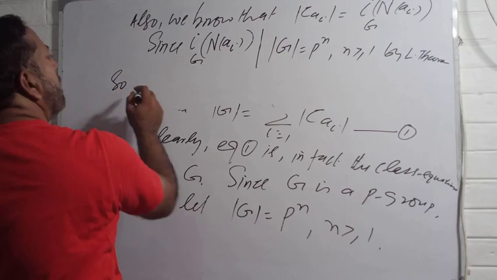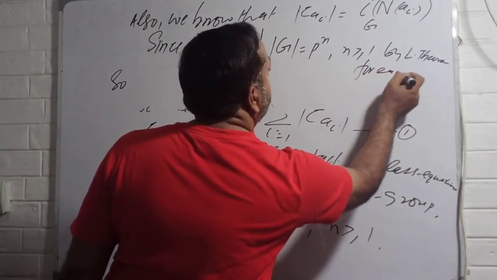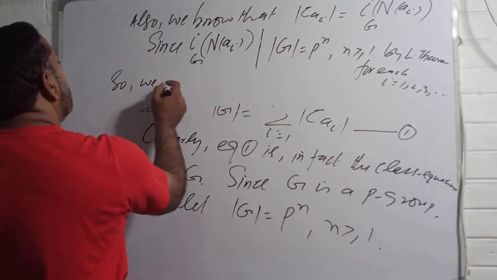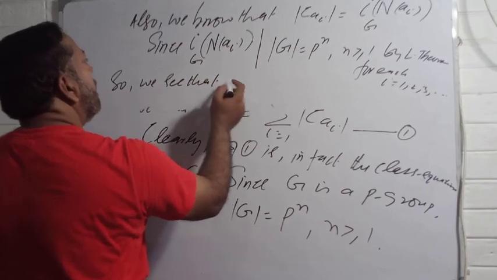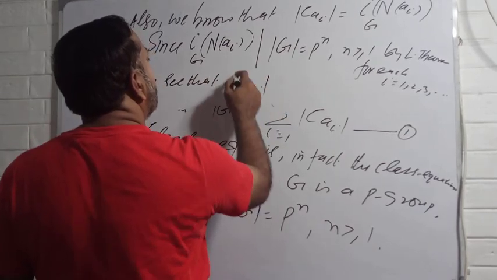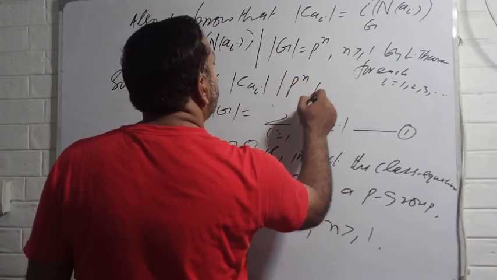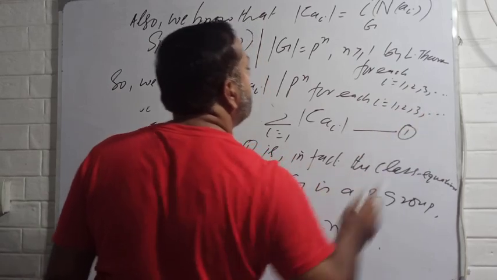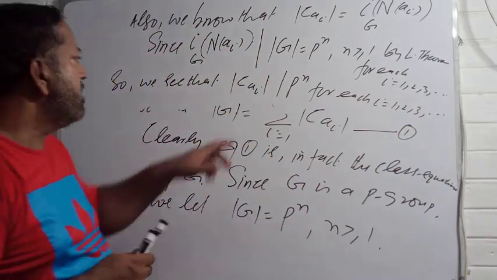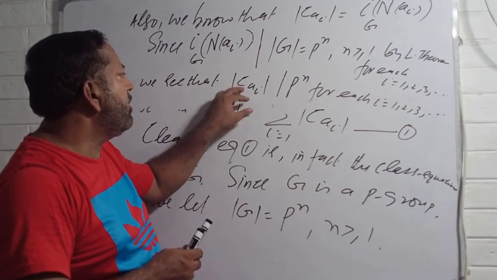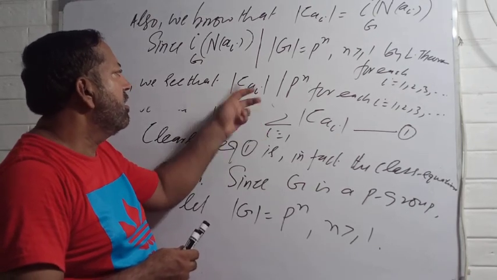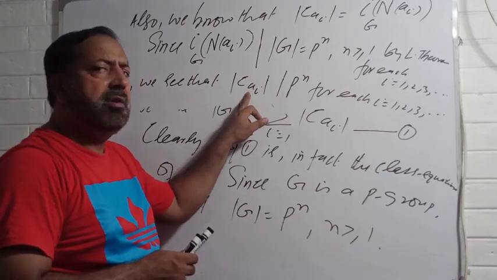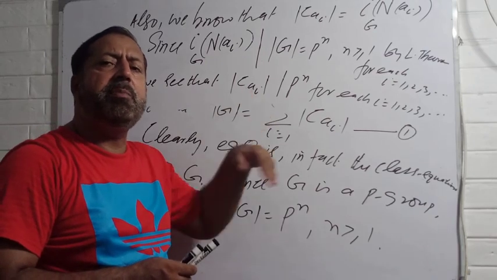So for each I equal to 1, 2, 3, and so on, we see that the order of CAI also divides P power n. And since the order of each conjugacy class CAI divides P power n, which was the order of G, you now may suppose that the order of CAI is equal to P power mi.